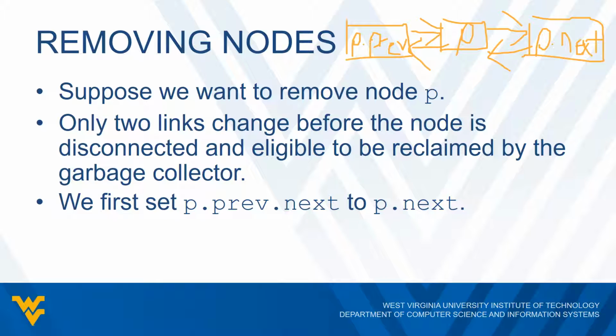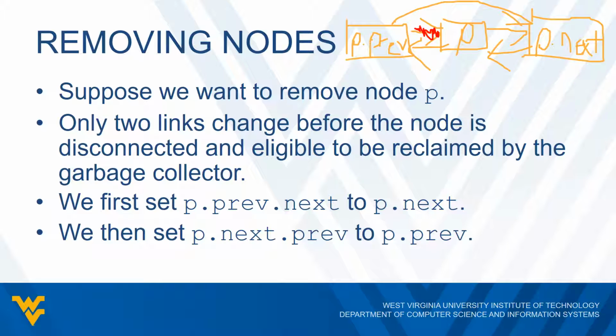So what we're saying here is this next link here is gone. So we've got to make that go away. And we need to have its next point to p.next. And then we need to change p.next.prev. So right now it's pointing to p, so we need to get rid of this link right here. And we need to have its previous point to p.prev, like this.